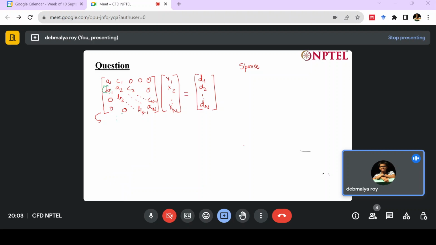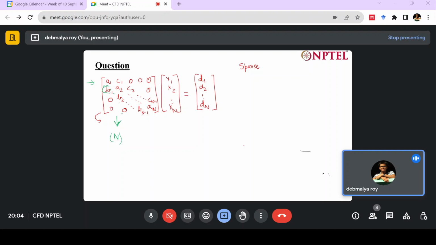So we will perform the row operation in the same way: we multiply by b1 with the first row and subtract it, so that renders this b1 as 0. Similarly for this b2 element, we perform a row operation. So for this whole thing, the number of row operations we will need is just n instead of n cube.